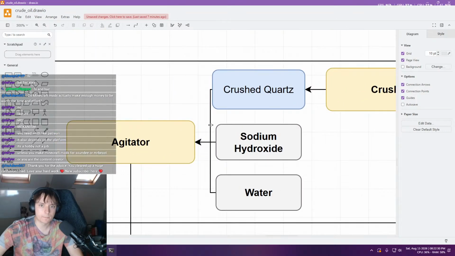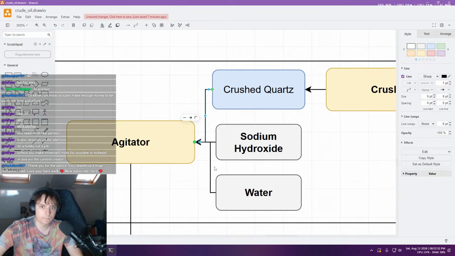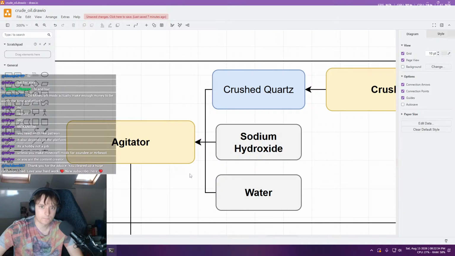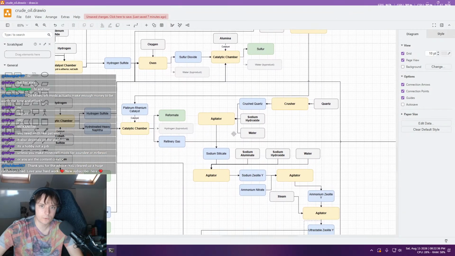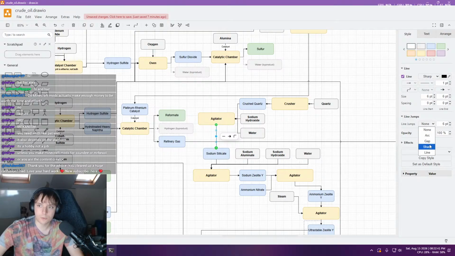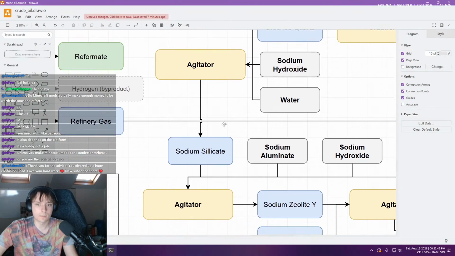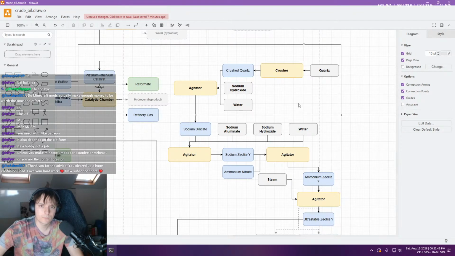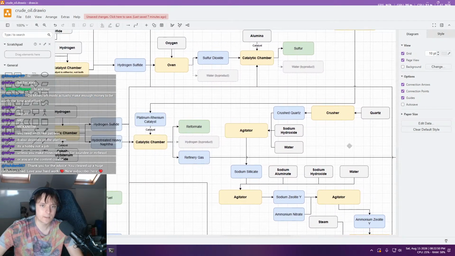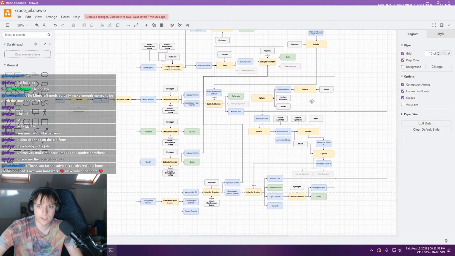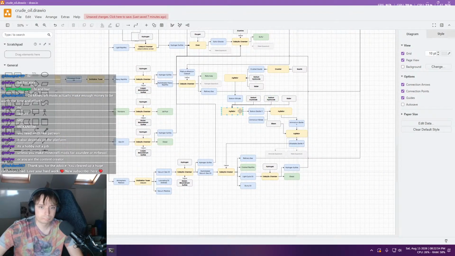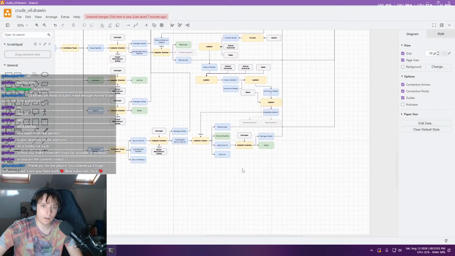Got it, guys. Okay. I think I'm going to move this forward a bit. Move it like that. There you go. That's not so bad. Doesn't look so cramped now. And if we just make this do a line jump as well. Good, that now jumps over that line. That's much cleaner to see. It's a bit weird because it's in line with the heavy naphtha, but all of this is in line with kerosene and gas oil, so it is what it is.